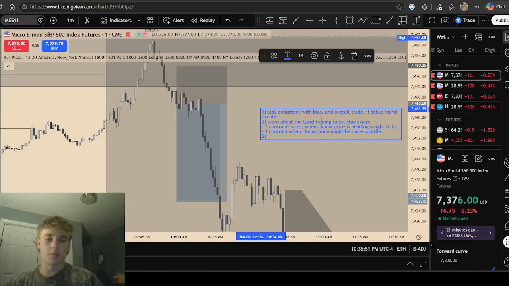And then my third thing that I should work on today and for the future is to figure out trading on mobile.